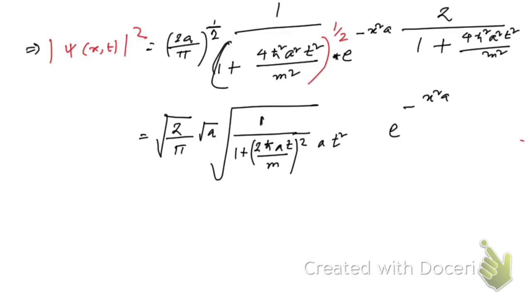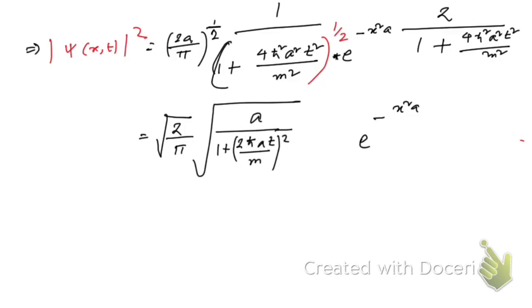Okay, so now here you see, let me cut this. So here you can write this root a this way. You can multiply this one here, root a. So under the same root, we can write these things. Okay, hope you have understood this.